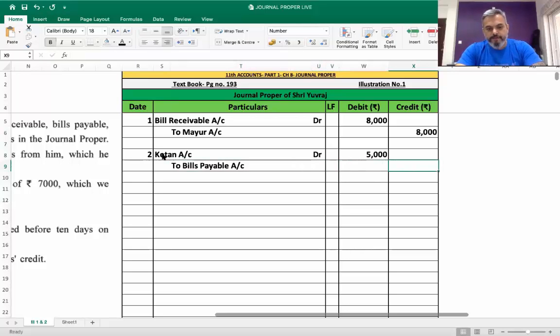Bills payable is also a personal account, but for the sake of making entries, we treat this as a real account. Okay, it's a real as well as personal account, but for the sake of making entry, we treat this as a real account, comes in, goes out.